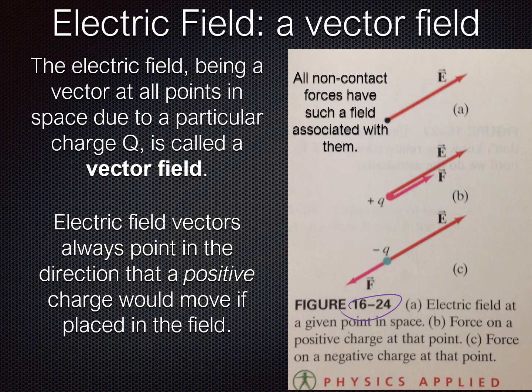The force that this charge would feel at that point, if we have a little test charge plus Q, is right there in the same direction as the electric field. Of course, the magnitude of the force changes depending on the value of the charge. Now you can see if we have a negative charge, the force is actually going to want to go in the opposite direction. That's because the minus sign changes the direction of the vector, flips it around. Makes sense.